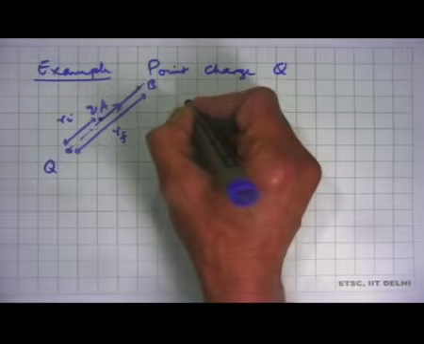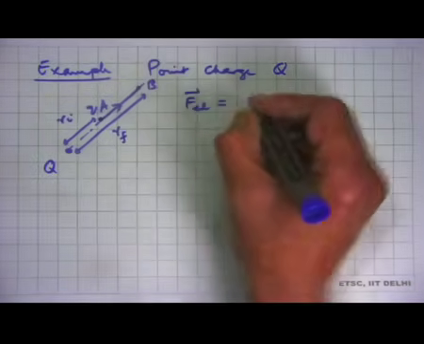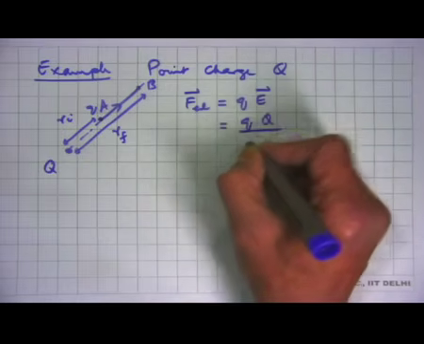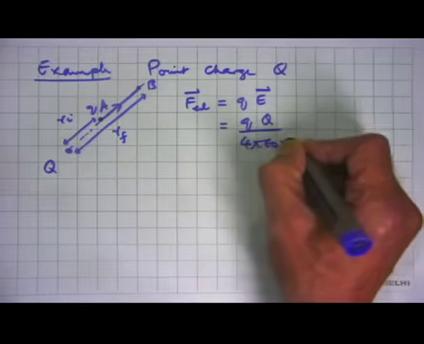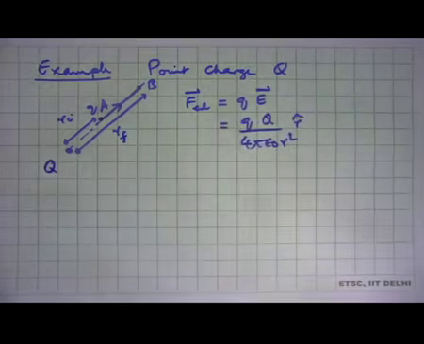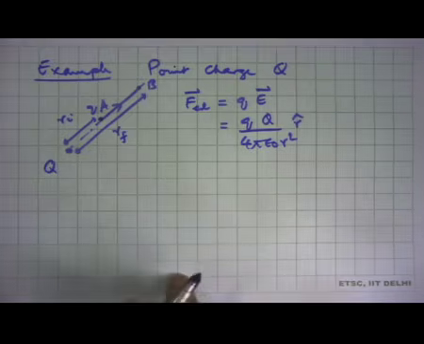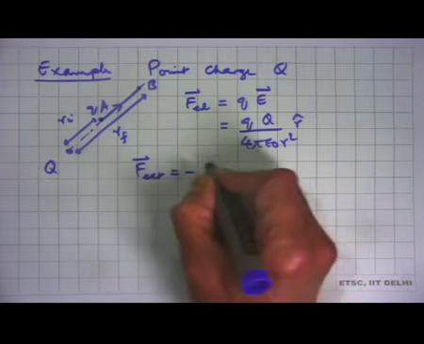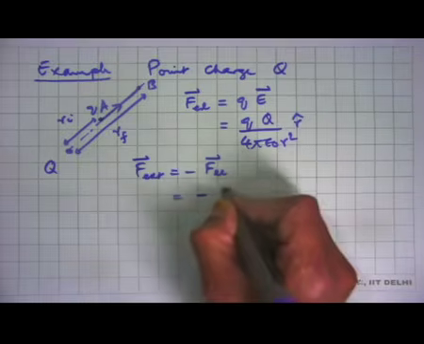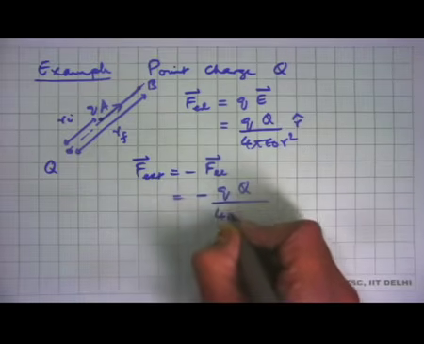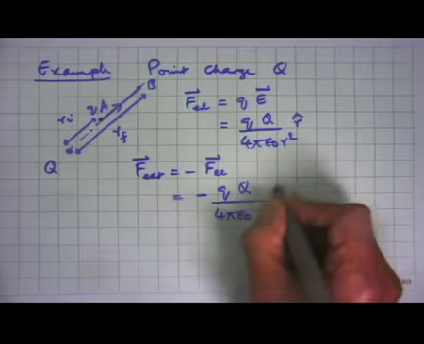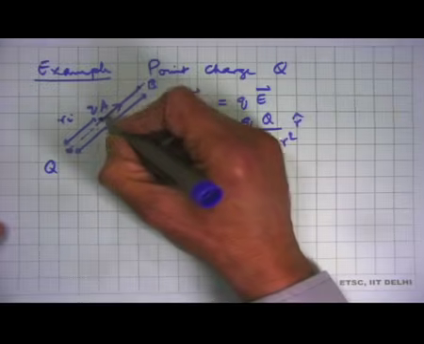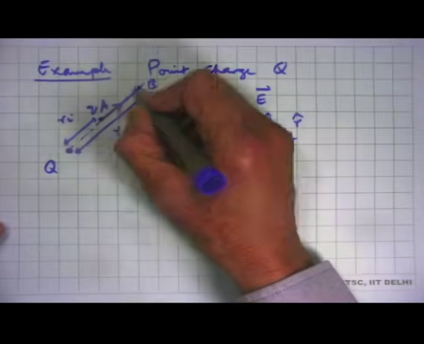Again, what is the electrostatic force? It is q times E, which is equal to q by 4 pi epsilon 0 r square into r cap. That is the electrostatic force on the charge. So, my external force which I have to apply is minus of the electrostatic force, which is equal to minus q by 4 pi epsilon 0 r square r cap. And the vector along which I am moving is along the radial direction.